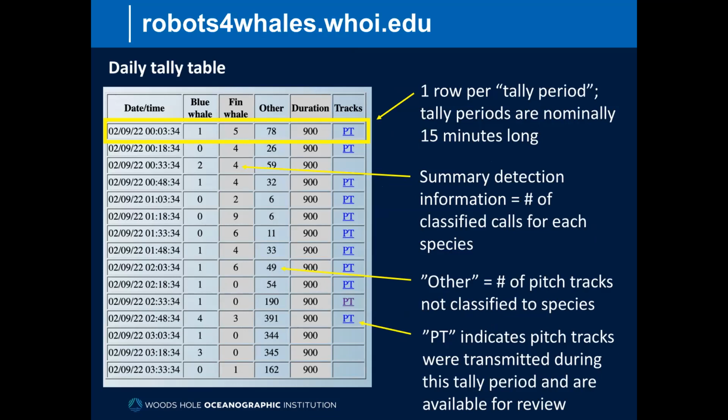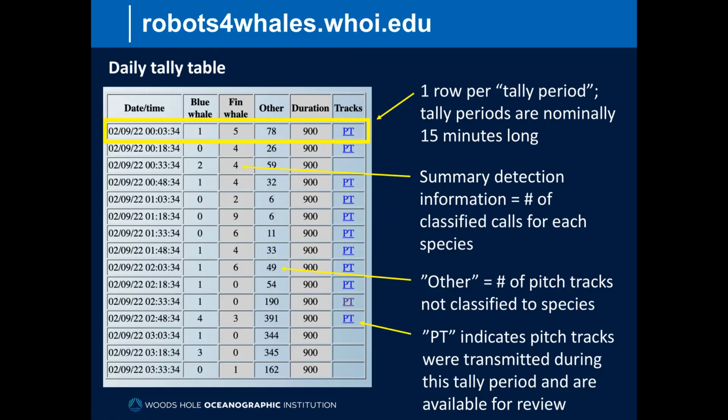Tally periods are nominally about 15 minutes long. The duration column here shows how many seconds are in each tally period. For gliders, pitch tracking gets turned on and off based on whether the glider is surfacing or not, so you'll see variation in the duration of the tally periods. But for the buoys, it's 900 seconds solid.